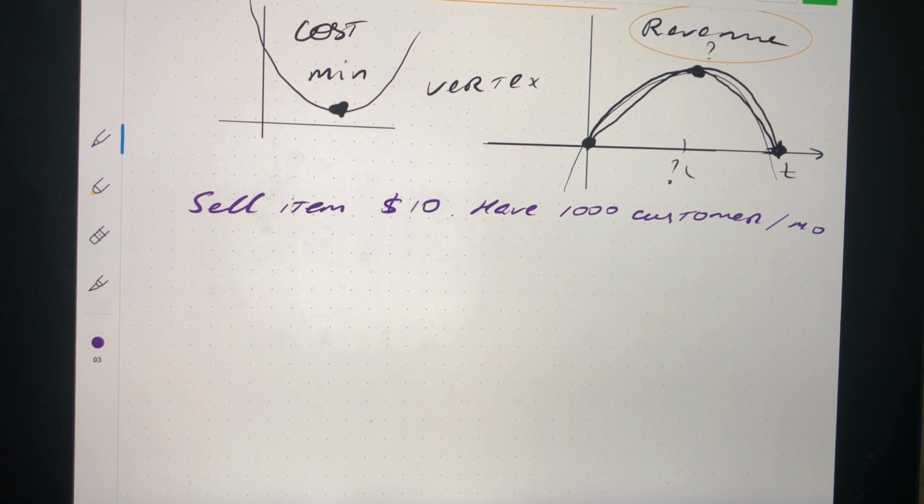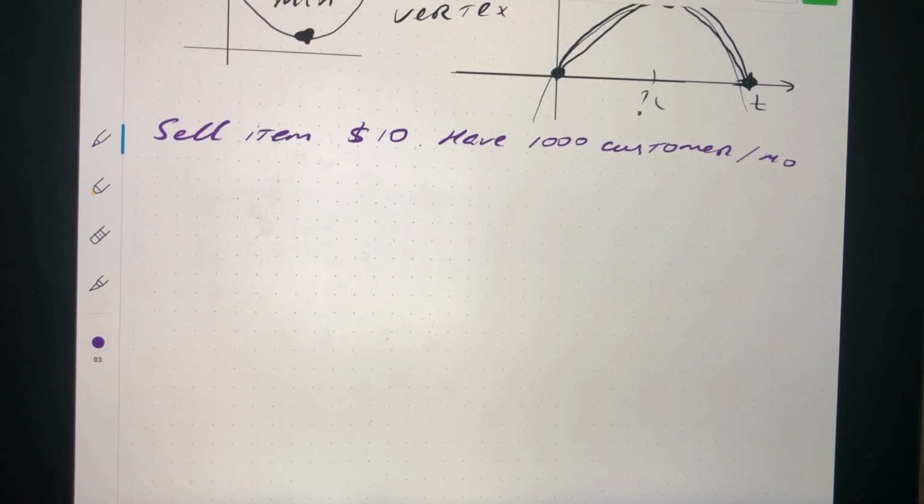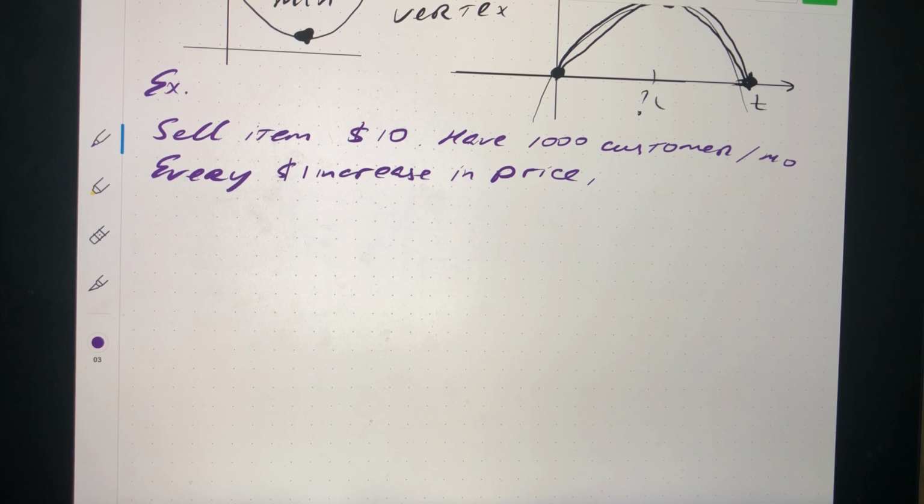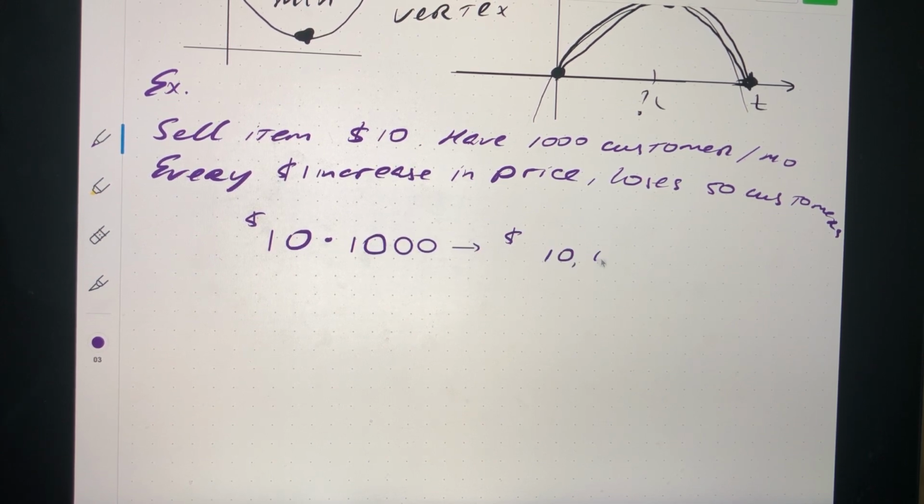And we also notice from experience that every $1 increase in price loses 50 customers. So at $10 a unit, we have 1,000 customers, which means we would have made $10,000.